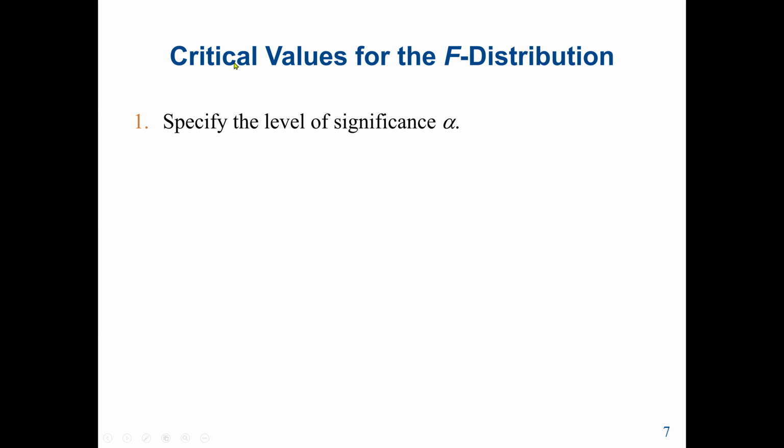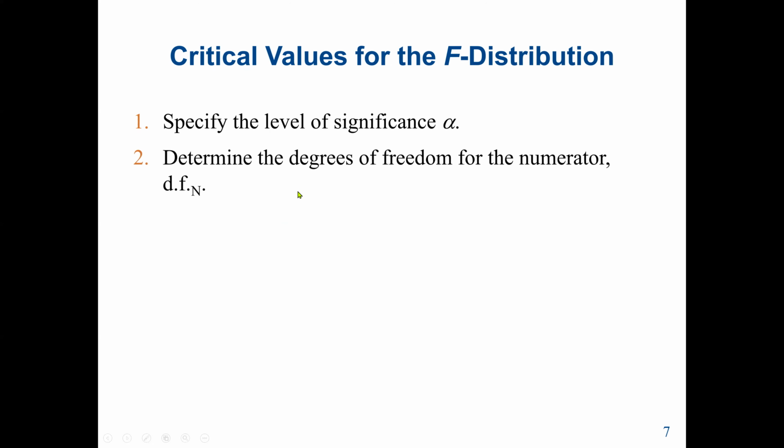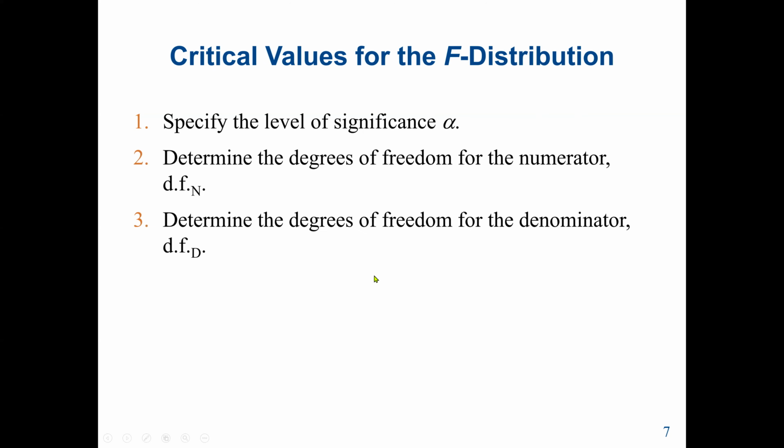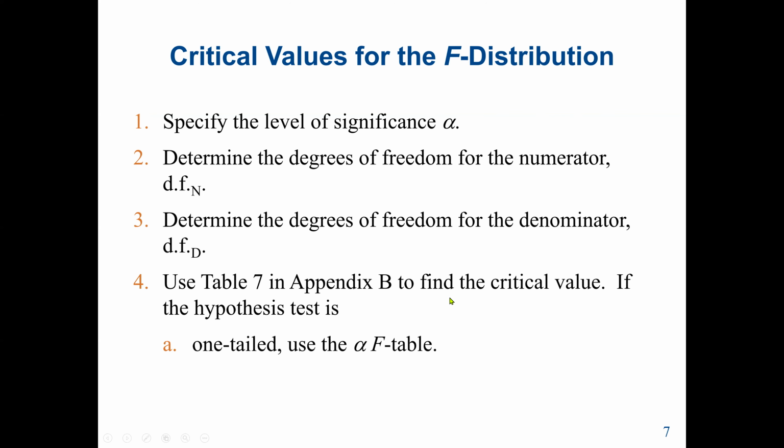To get the critical values, we specify the level of significance, which is always given. This time we also need to determine two degrees of freedom: first for the numerator, then for the denominator. Then from there, we use the F distribution table, or the F table.